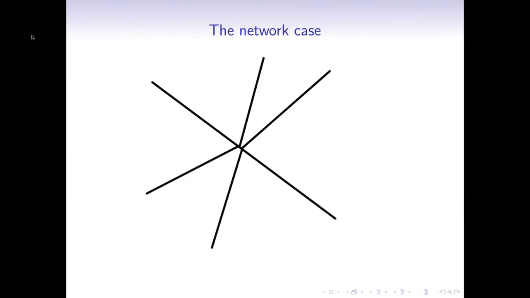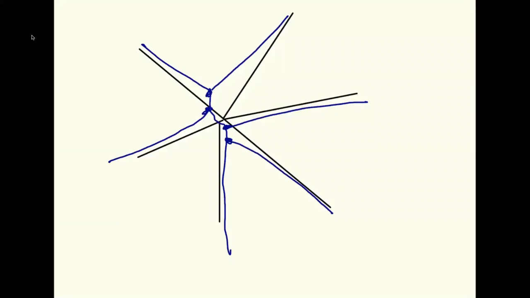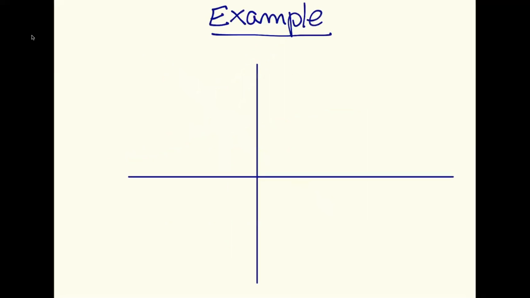So here I attempted to draw a solution for my previous one. Not very good. This is a connected solution, but in general this is not unique. Let me give you an example why. You recall what I just said about the case of 2 curves, that we have self-similar solutions in that context.